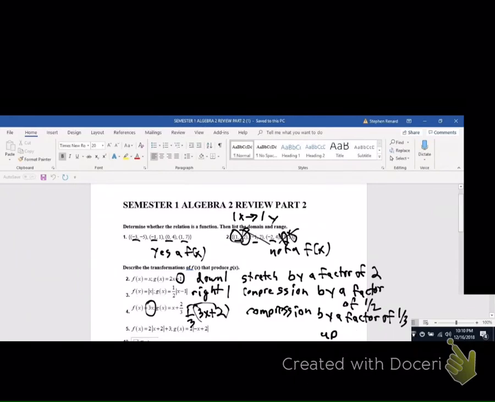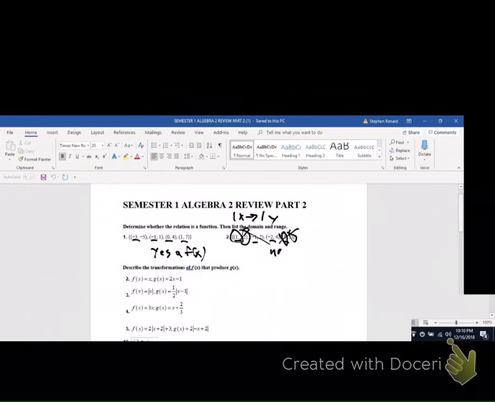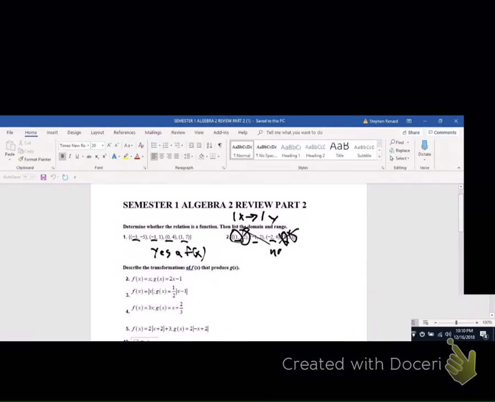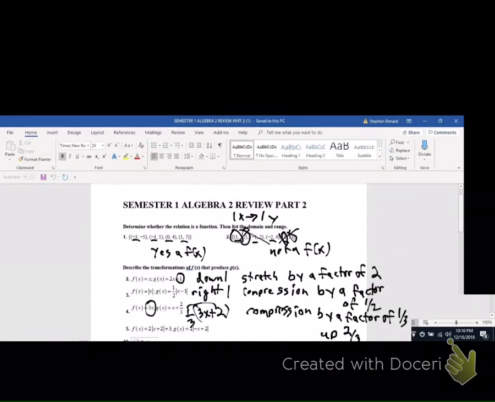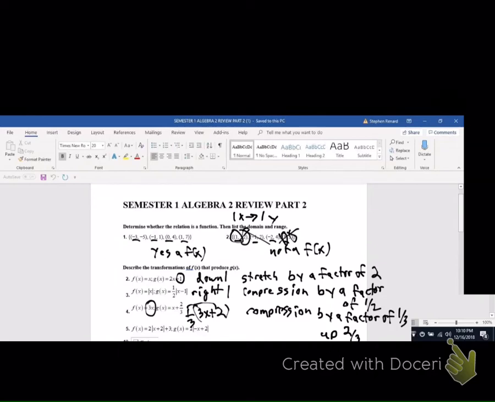And there you go. So number 2, we are describing the transformation of the parent function. This is just kind of remembering how they work. Those are your answers. If you're not sure about any of them, come and let me know.